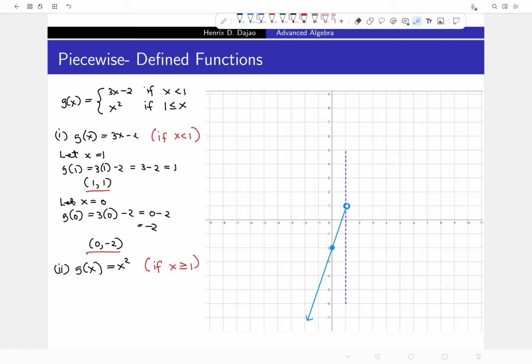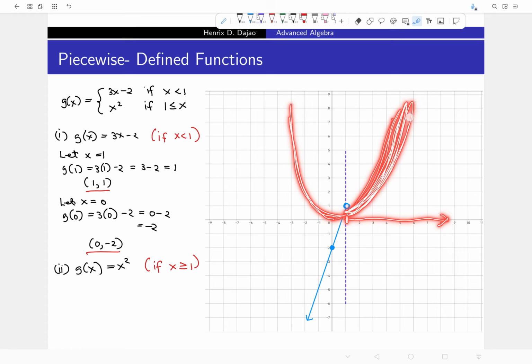The graph of x squared, if the domain is all real numbers, is this. Since we're only considering all those values of x that are greater than or equal to 1, we're going to graph this part only of the graph. So we will erase this part and then graph this part only.